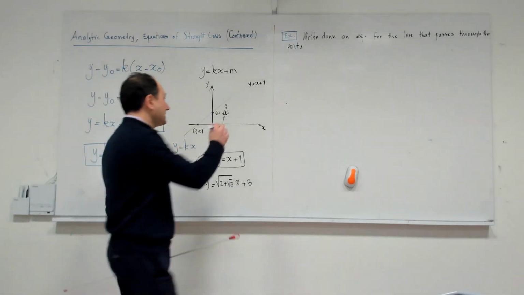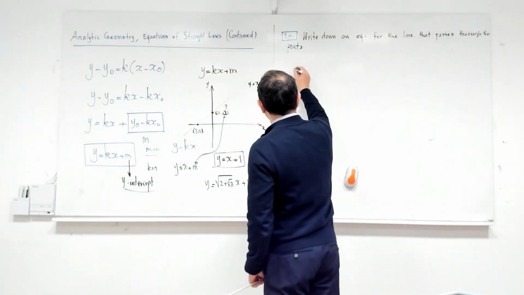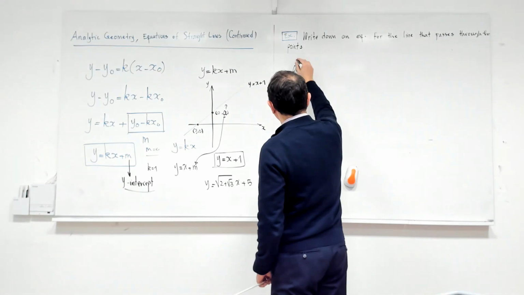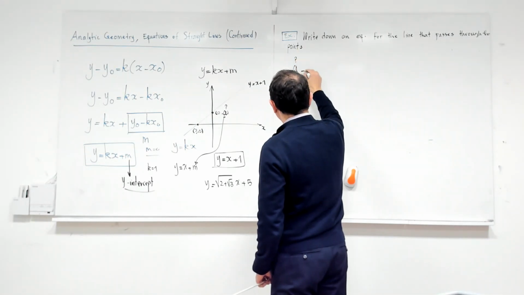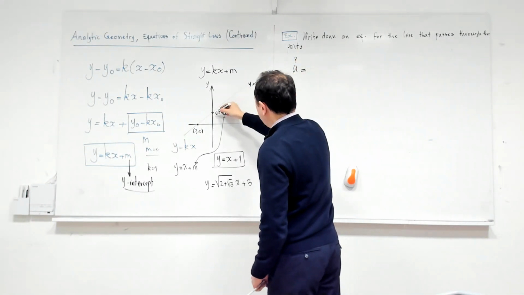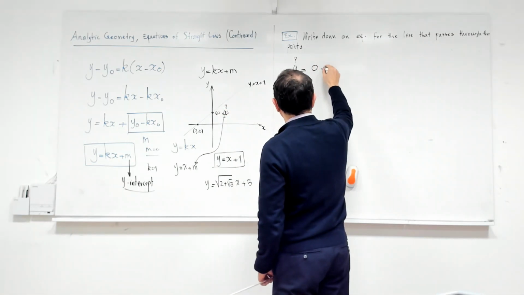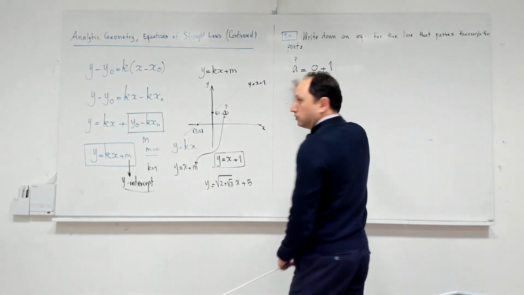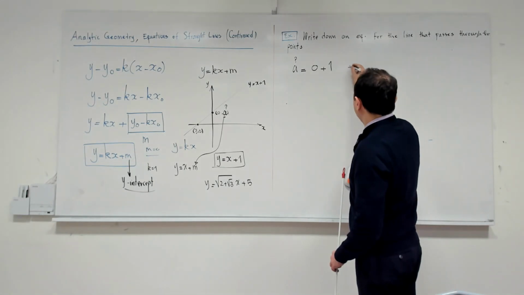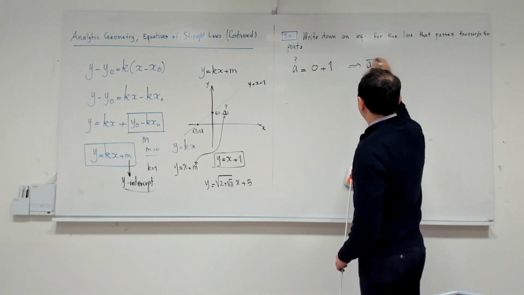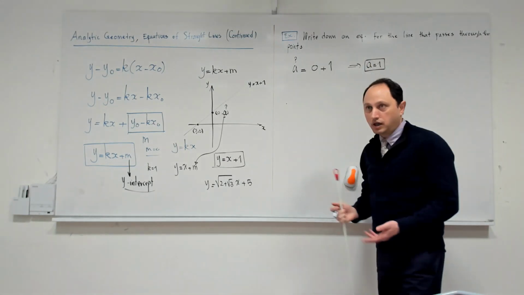So if I replace Y with A, which I don't know yet, and X with the X value, then this should hold. And then it gives you immediately that A is equal to what? A. And that is your answer.